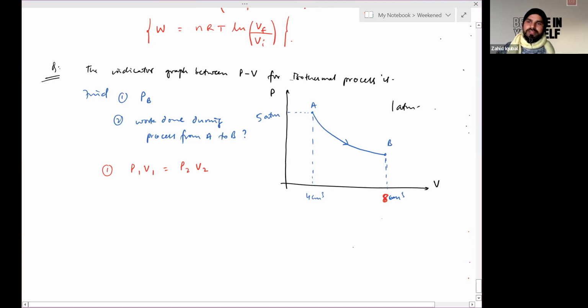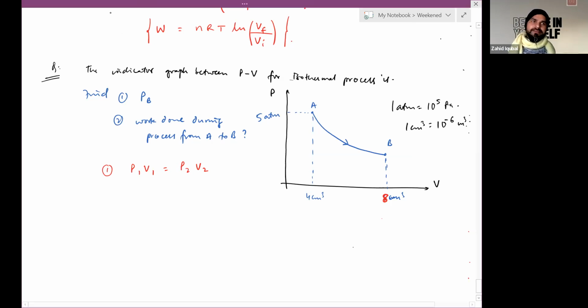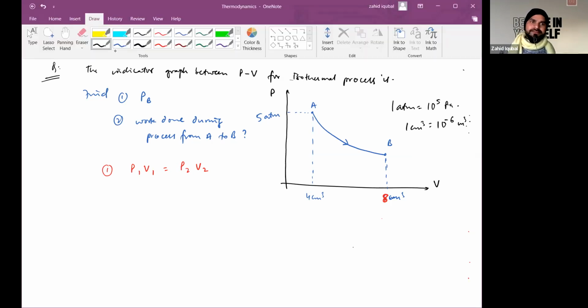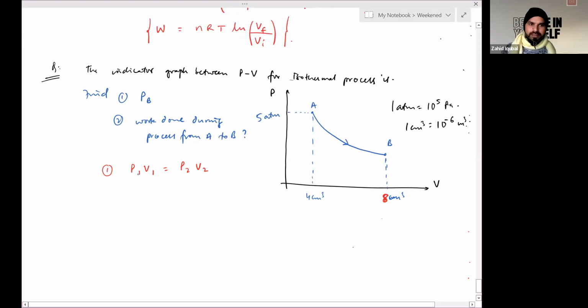1 atm equals 10 to the power 5 Pascal, and 1 centimeter cube equals 10 to the power minus 6 meter cube. So for P1 at point A, we have pressure 5 atm, and 1 atm is 10 to the power 5.